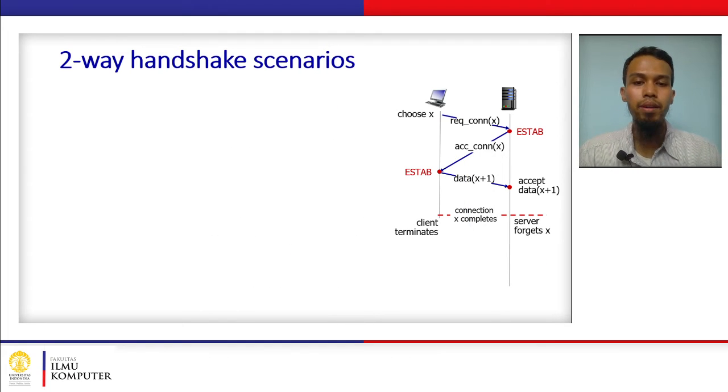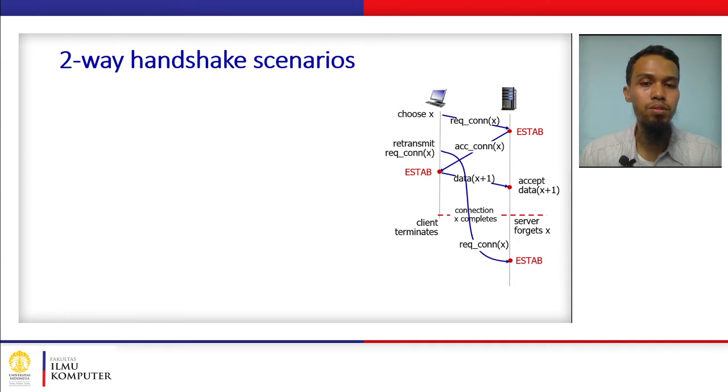Now, the third scenario is actually just an extension of the second scenario. Again, the same case: the accept connection message from the server is delayed in reaching the client, and the client already sent out another retransmitted request connection message to the server.